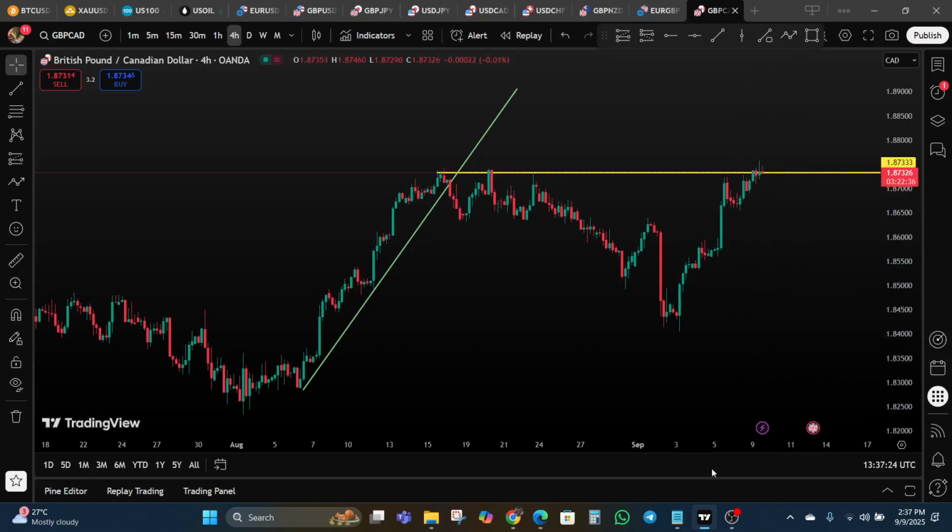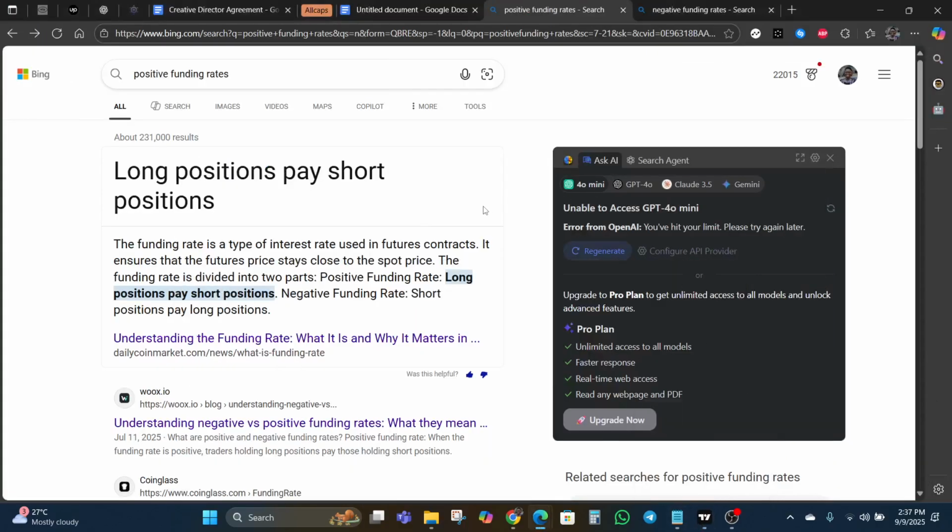Also, check out funding rate history on multiple exchanges, as rates can differ slightly, giving you a more complete picture of overall market sentiment.